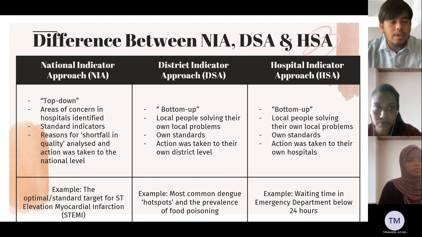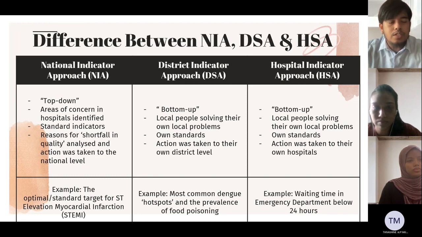It's called national because it covers the whole of Malaysia. And there are also the district and the hospital indicators, which are the bottom up approach, from down to the up.